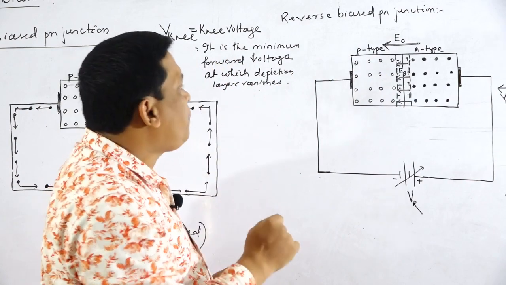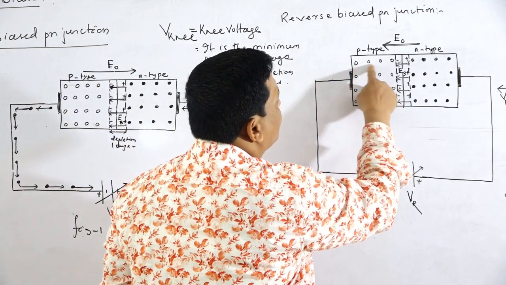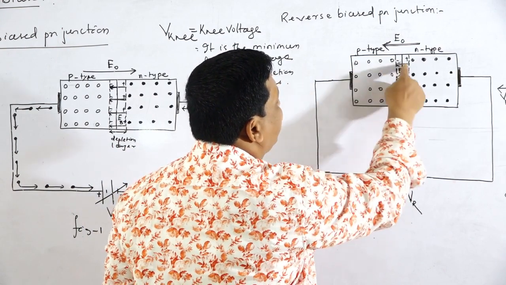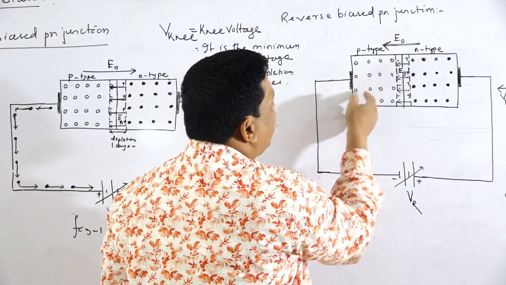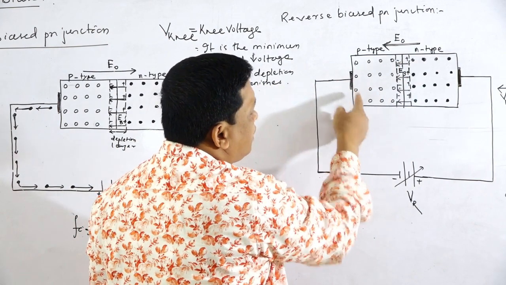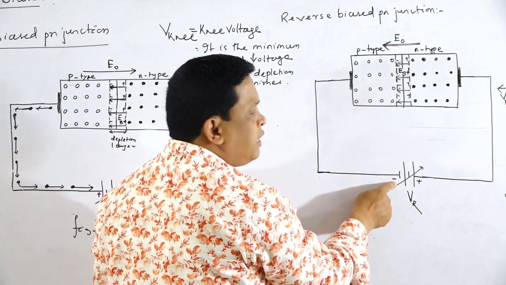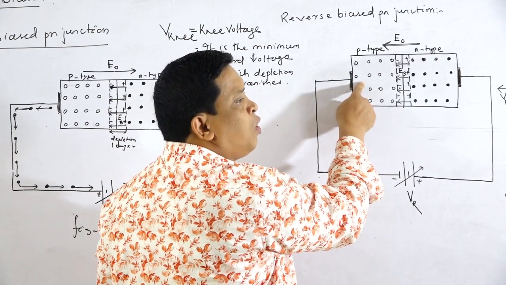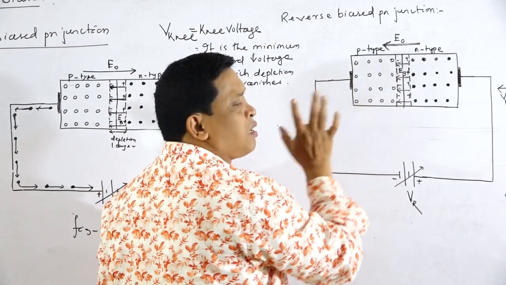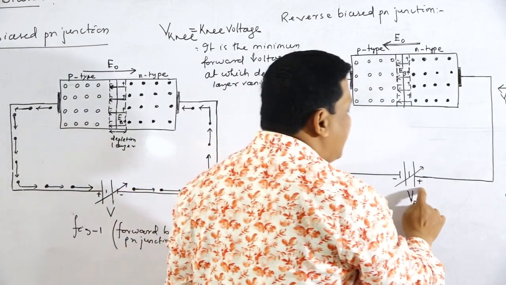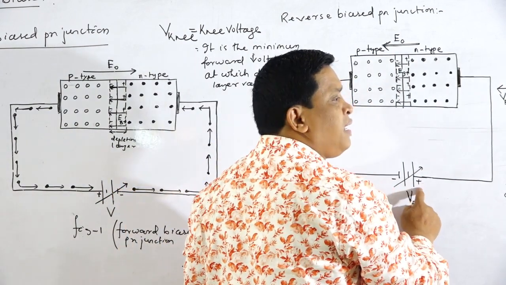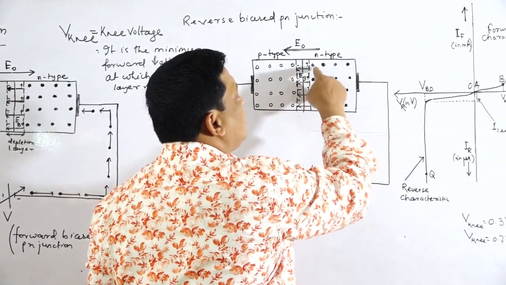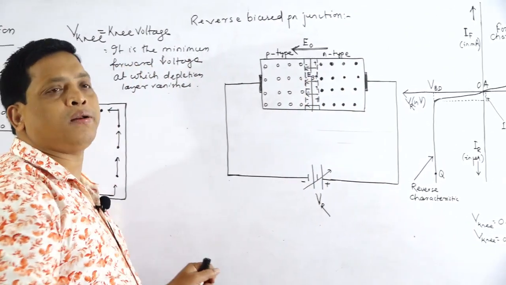Also, what happens? The positive holes, which are the majority charge carriers in the p-type semiconductor, are pulled, because this is the negative terminal. The negative terminal of the battery gives an attractive force on positive holes in the p-type semiconductor, and the positive terminal of the battery gives an attractive force on negative electrons in the n-type semiconductor.